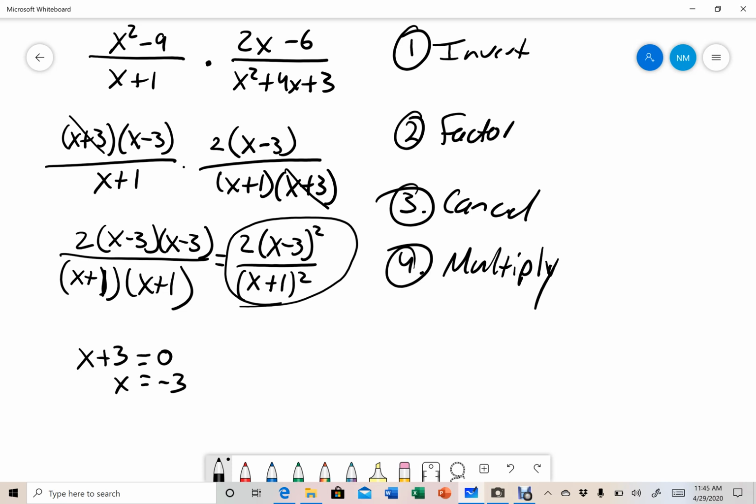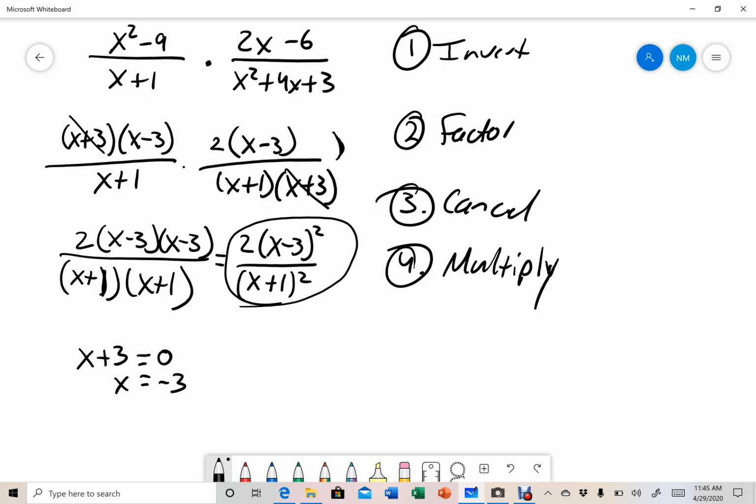So remember, we had inverted this, where this would have been the denominator and this would have been the numerator. But since this was at some point in the denominator and is no longer in the denominator and is not present in our final answer, I must also exclude this from my domain, okay?